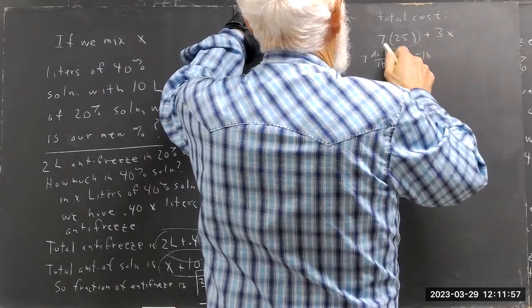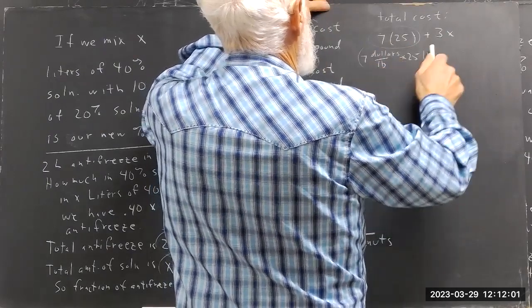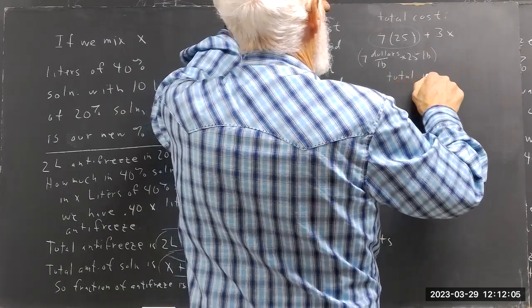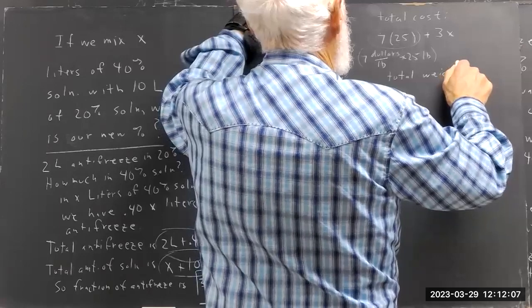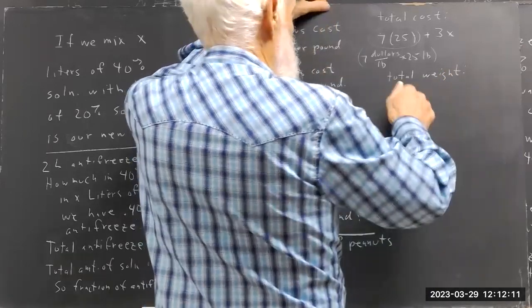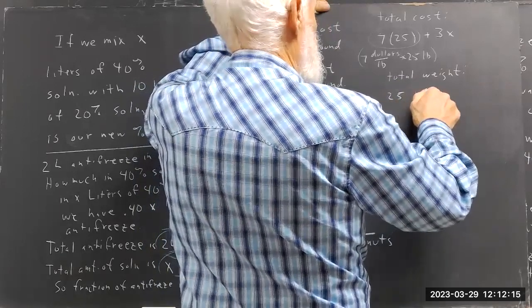So there's your total cost. And the total weight is 25 pounds plus X.